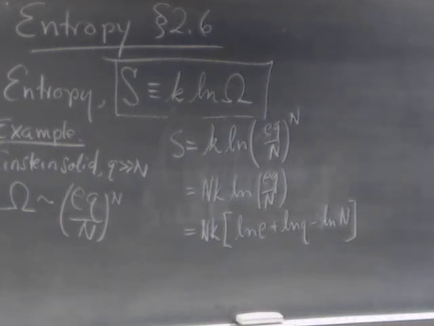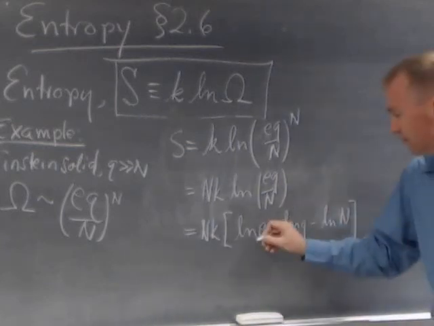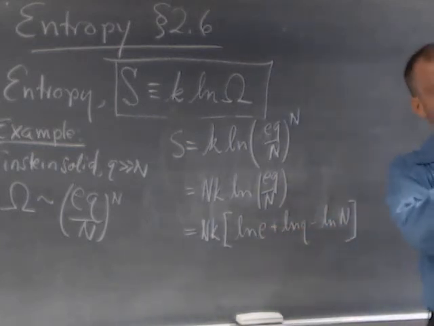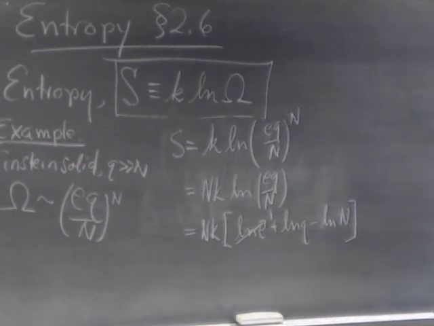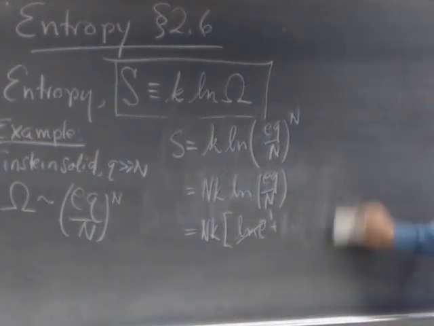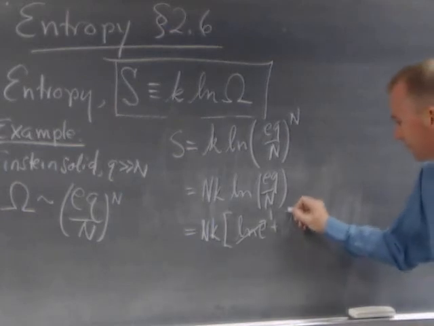What's log of e? Natural log of e. It is something. It is 1, that's right. Okay, 1 plus log of Q minus log of N. That doesn't really get me anything extra, so I'll just leave these two in a ratio.